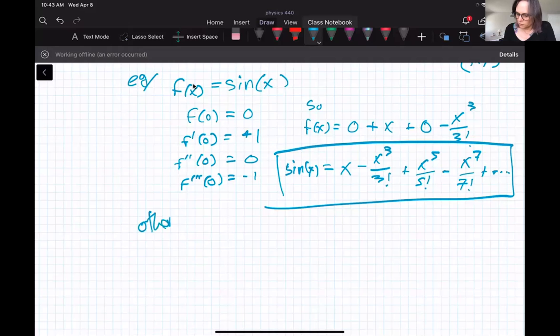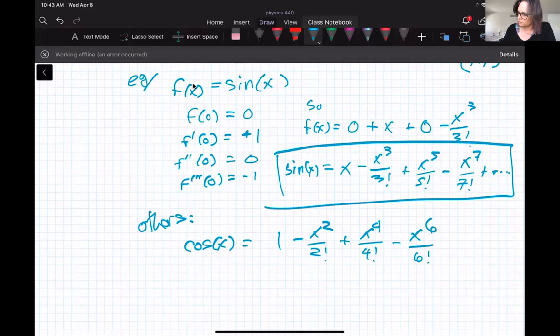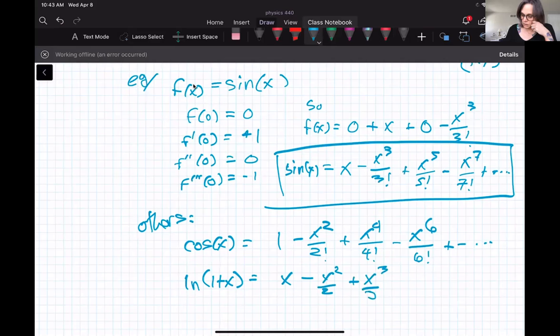Others that are useful: cosine of x, might be obvious, is just the other terms: 1 minus x squared over 2 factorial plus x to the fourth over 4 factorial minus x to the 6th over 6 factorial, plus minus and so on. Our friend ln of 1 plus x, we already saw the summation form of it, but if we write it out, it's x minus x squared over 2 plus x cubed over 3 minus x to the fourth over 4, plus minus and so on.